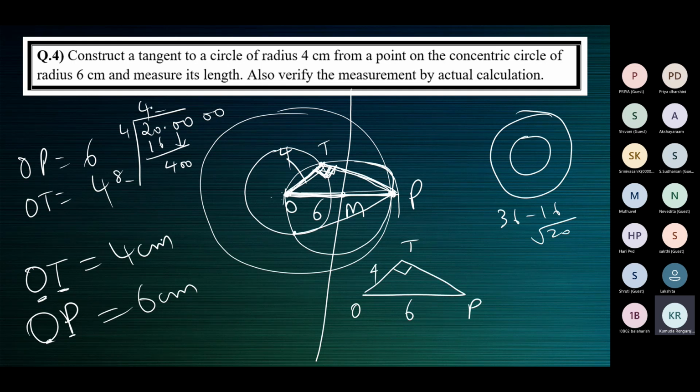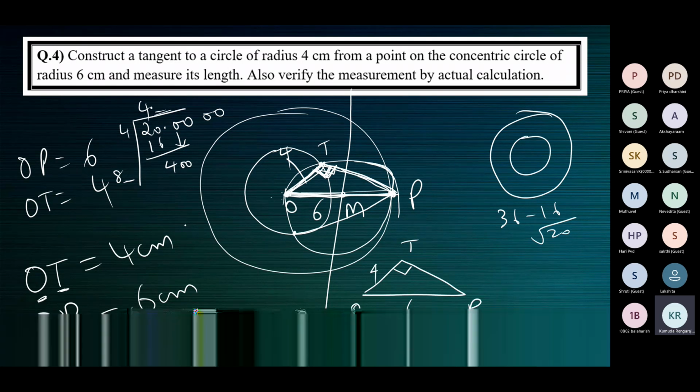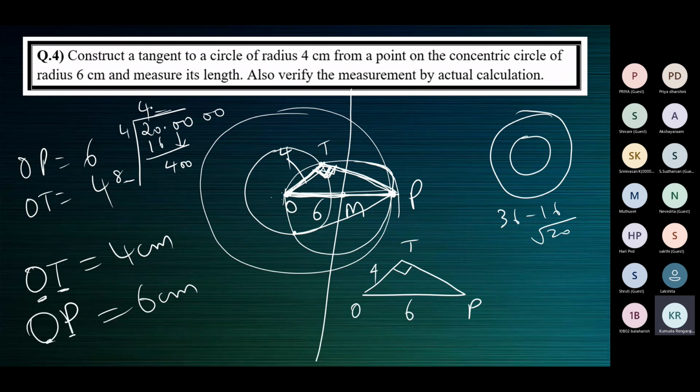I think earlier also I told you I'll share the recording, a link which explains the procedure to find the square root. I'll share that today. So like that, you continue with this procedure to find the square root of 20. 4.47 or 4.5 approximately. So when you measure TP with the help of your scale, you should get 4.5 or 4.4, whatever.